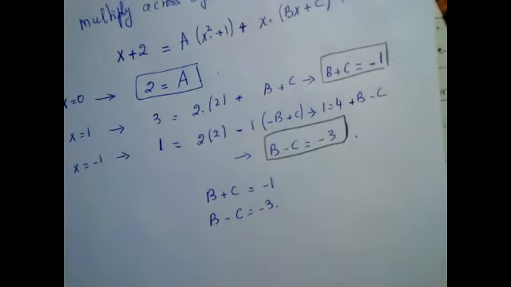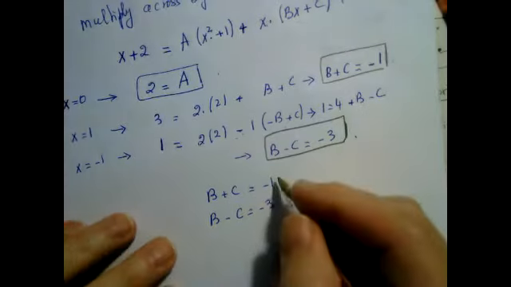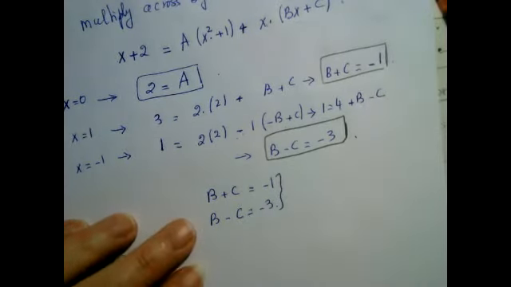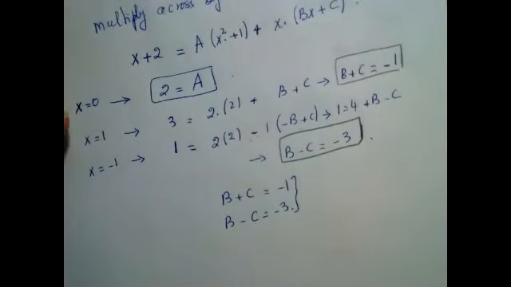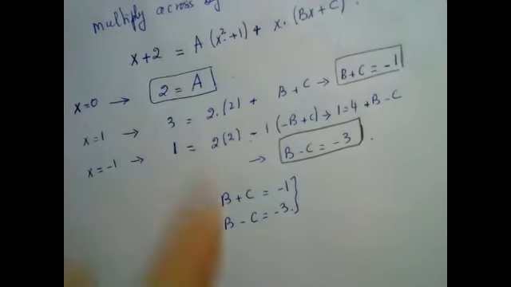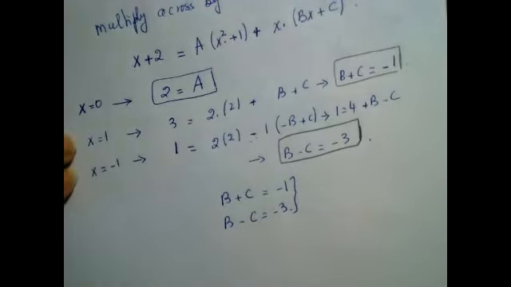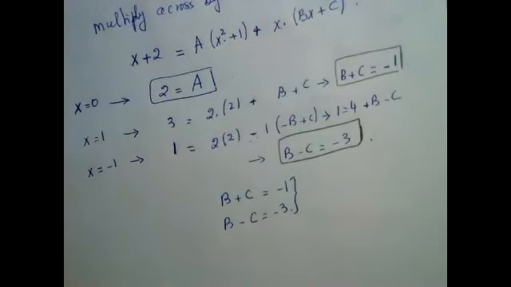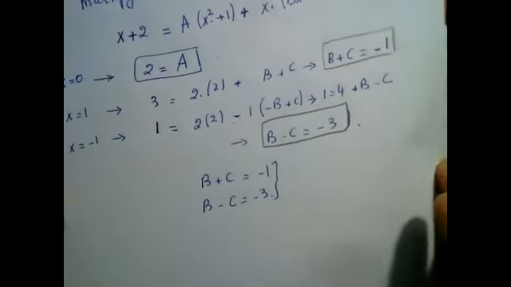Now I need to find B and C. How can I find them? Using this process, I was able to get A right away, but I picked two other values of x, and they gave me this. So how can I find the B and the C? Anybody?